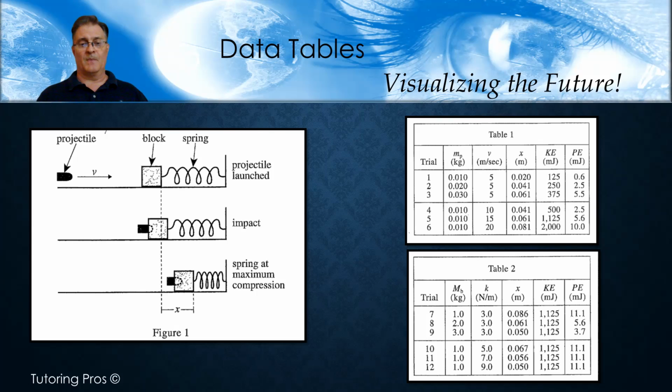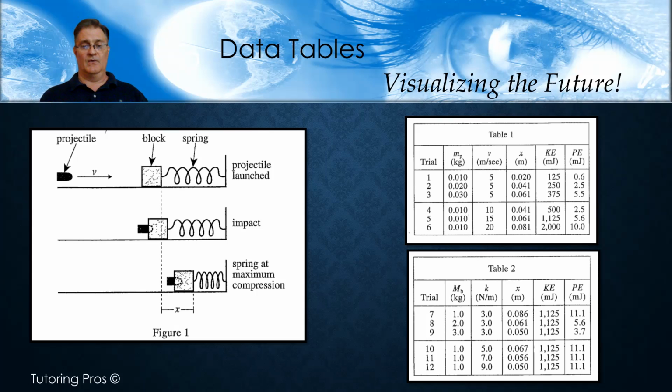So if we were to increase the mass of the projectile, one would expect that the block and spring system would compress a certain distance as the mass of the projectile increased. Now, notice our variable X in table 1.